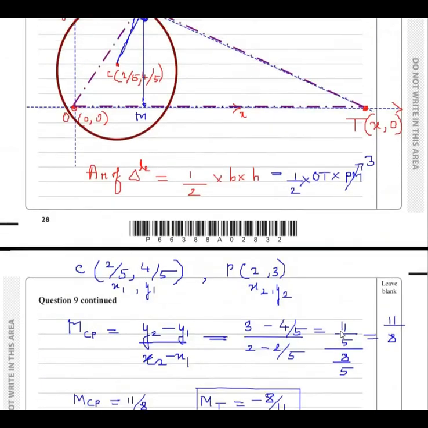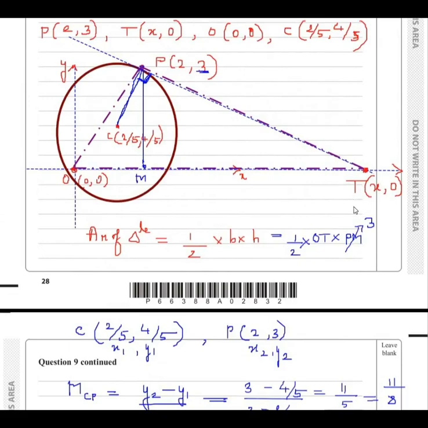So let us put it back over here. We have got the value of T as 49 over 8, 0. So it becomes very easy for us to know the base length. It is between the origin 0, 0 and 49 over 8, 0, so the base becomes 49 over 8.